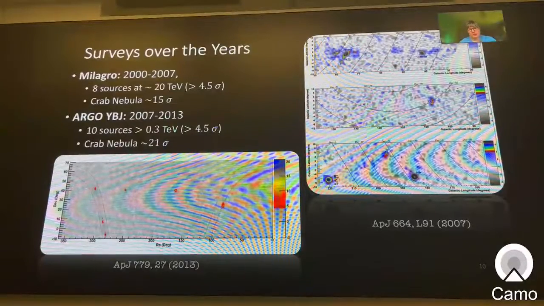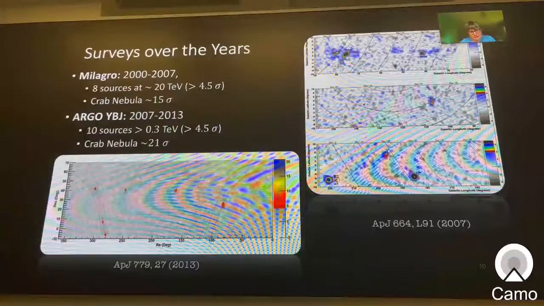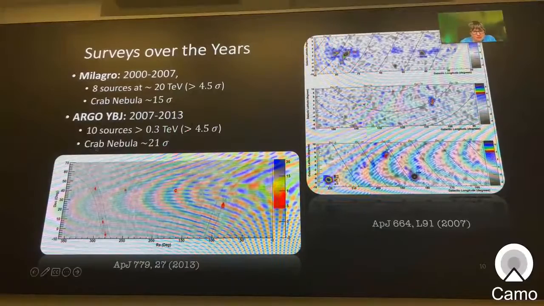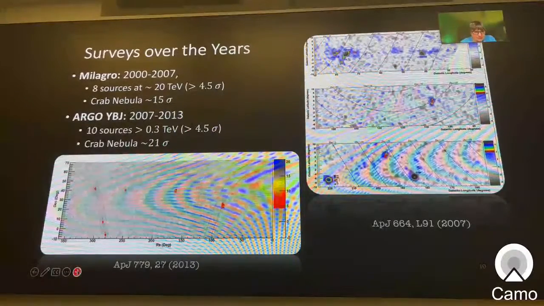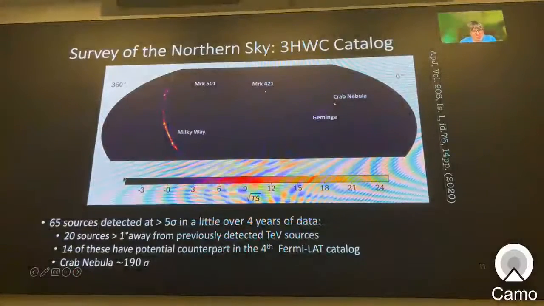The parameter in this data set was 15, that's measured at 15 cm. Then Auger followed shortly after that, detected 10 sources above 0.3 TeVPA, and in their sample, the parameter was detected at 20 cm.